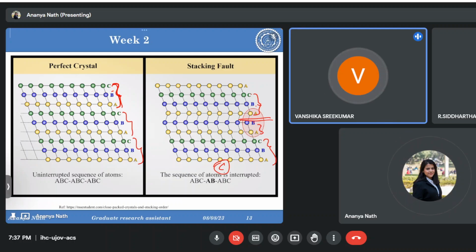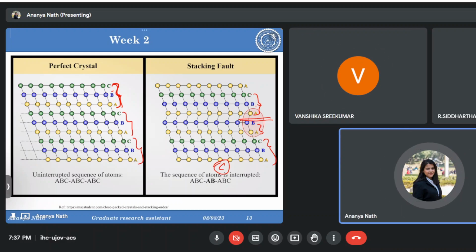Another doubt: doesn't this actually increase the energy of the lattice and make it more unstable also? Makes it more unstable is correct, but as there will be a missing plane, it's not like the atoms will be missing.